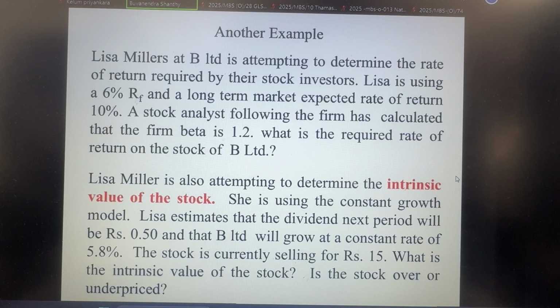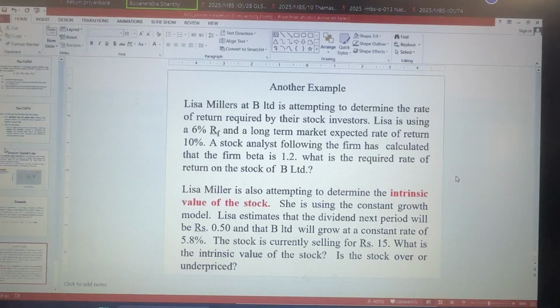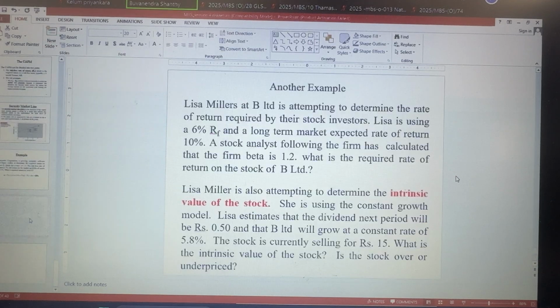What is the required rate of return on the stock of B Limited? Can you try? Based on the CAPM model, what is the required rate of return on this particular company? Calculate that amount.